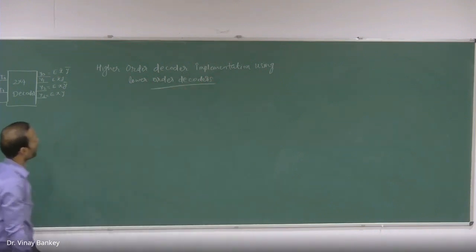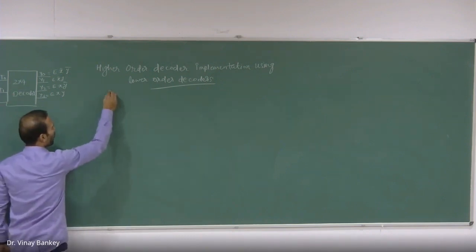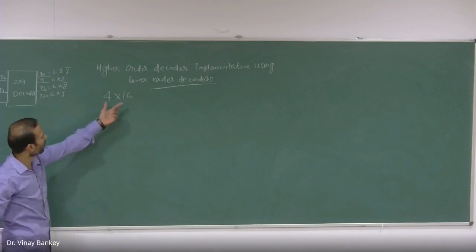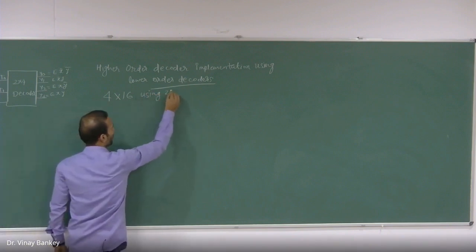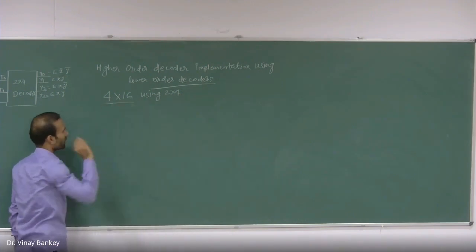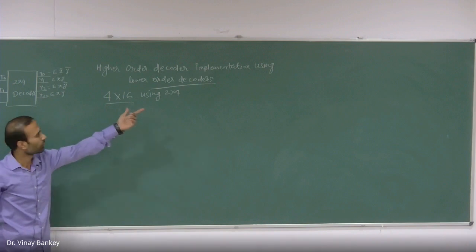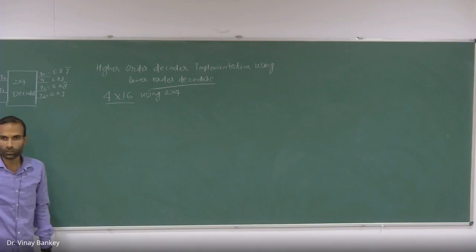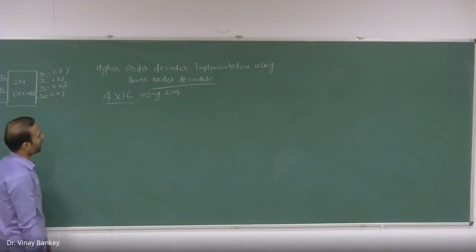When I say higher order decoder, it means that you have this 2x4 decoder here, and I want to implement 4x16 decoder. So the question is, implement 4x16 decoder using 2x4 decoder. So here the required module is higher order than the given module, isn't it? So you want to implement this 4x16 decoder using 2x4 decoder. So is it possible to implement it? Yes, it is possible.